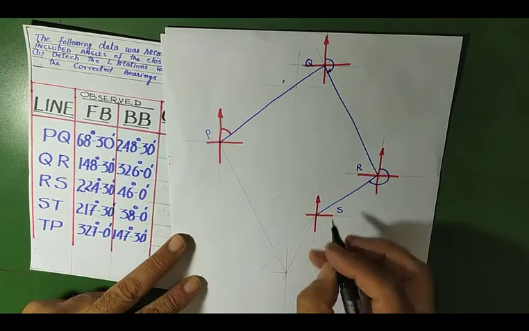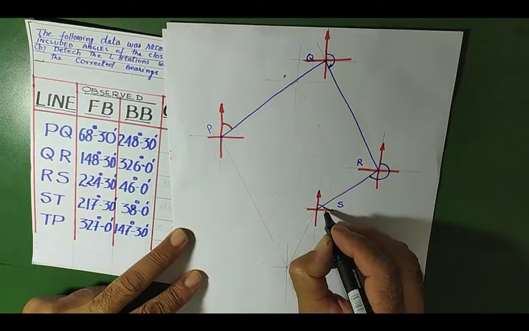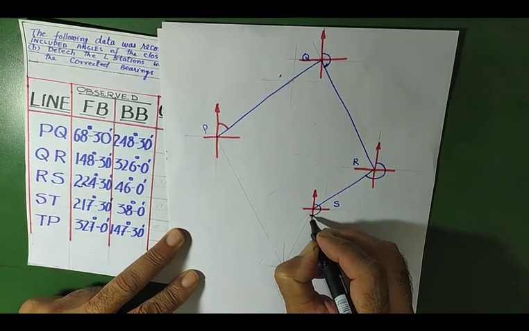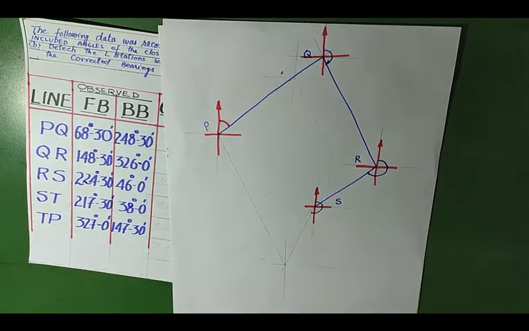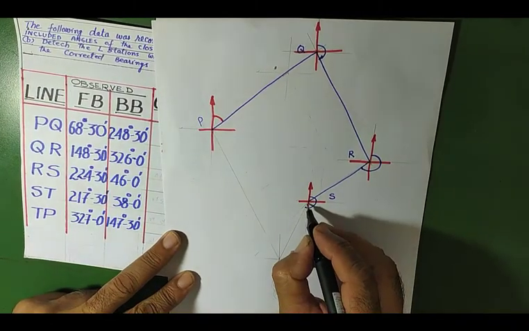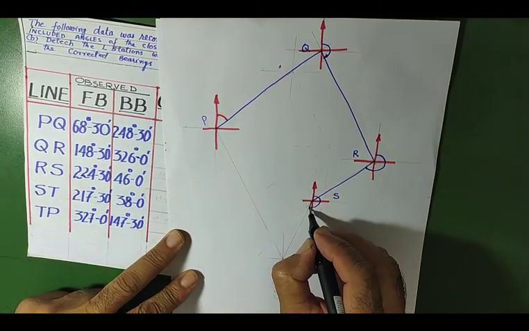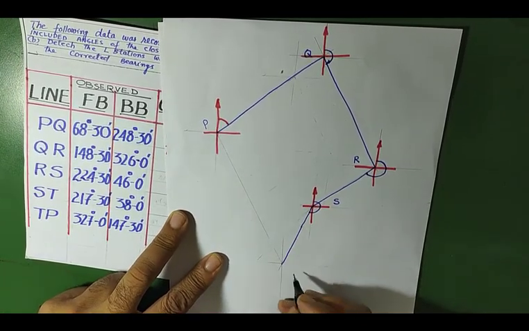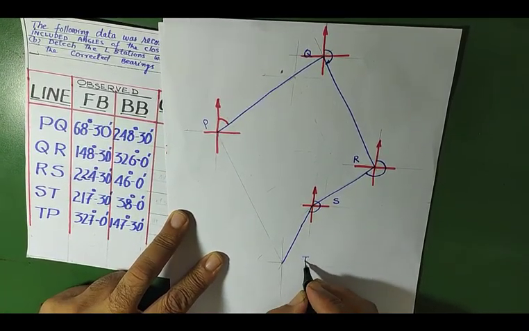So with the north you will draw, this is the angle of 90 degree, 180 degree, and this will be the angle of 217 degree 30 minutes. So from here you draw the line ST over here. So here this is your point T.